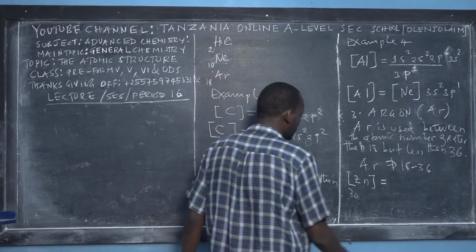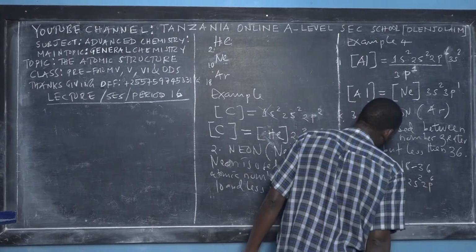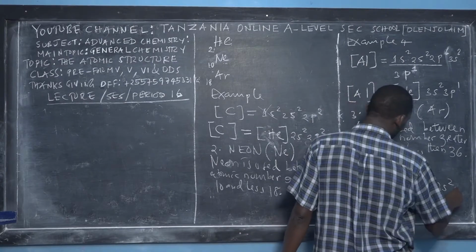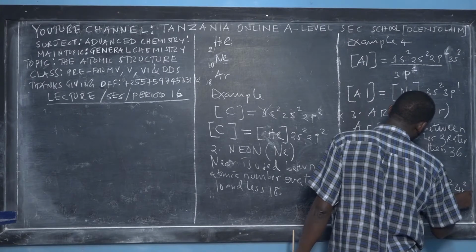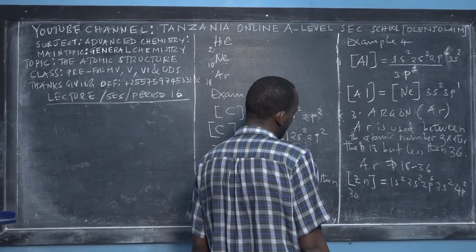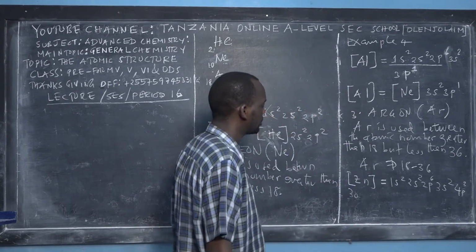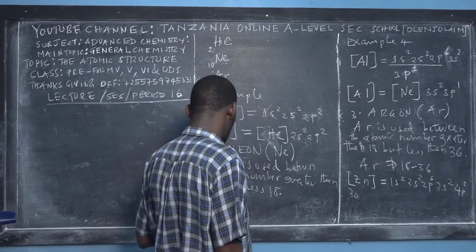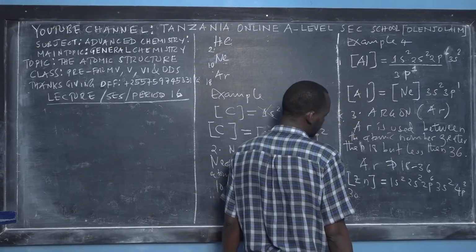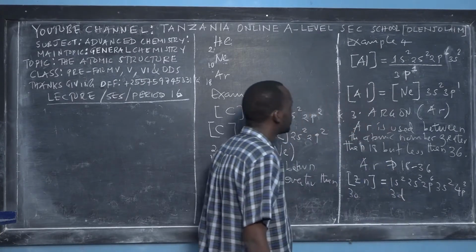So to write the electron configuration, 1s, 2s, 2p, and then 3s, 3p, then the next energy level, 3d.